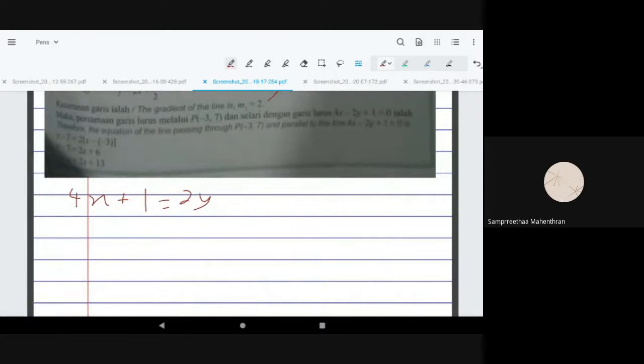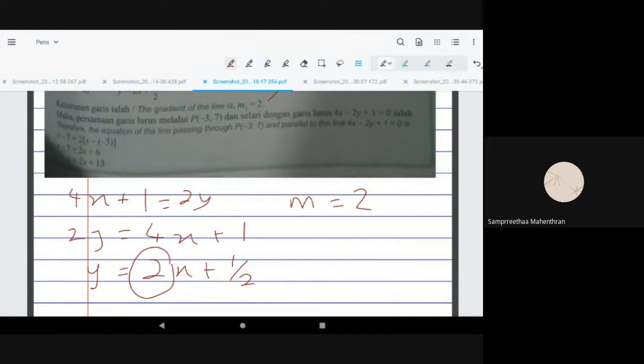So we have 2y equals 4x plus 1. So we divide everything by 2: y equals 4 divided by 2 is 2x plus 1 divided by 2 is 1 over 2. So here we have the form y = mx + c. So here is our m. This m is for the second line, which is parallel to our line that we want to find the equation for.